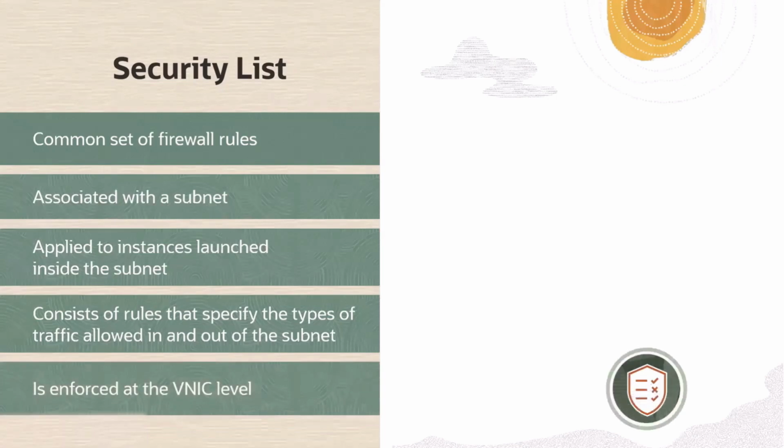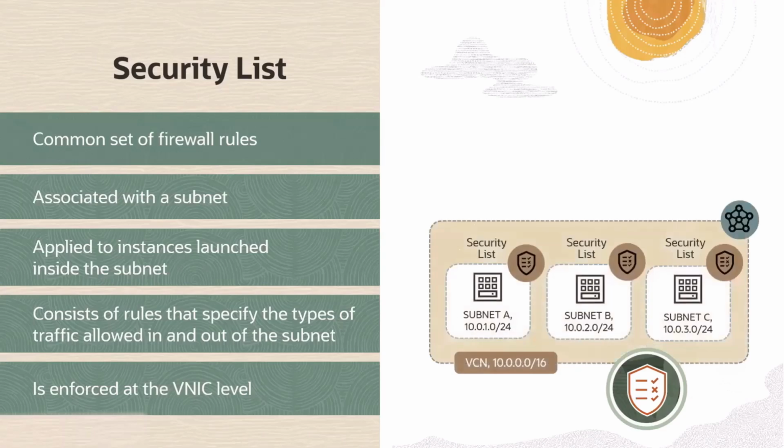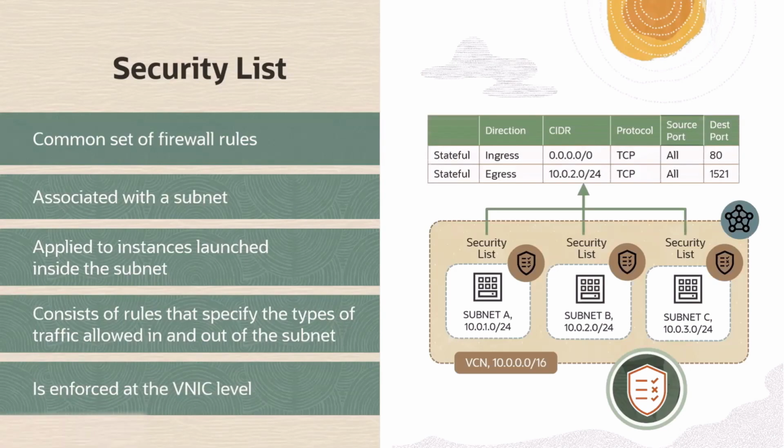Keep in mind that the security list is associated with a subnet, but ultimately it is enforced at the VNIC level. So in the graphics on the right, you see inside a VCN, there are three subnets, subnet A, subnet B, and subnet C. And we have created a security list and we have associated the same security list with all the three subnets.